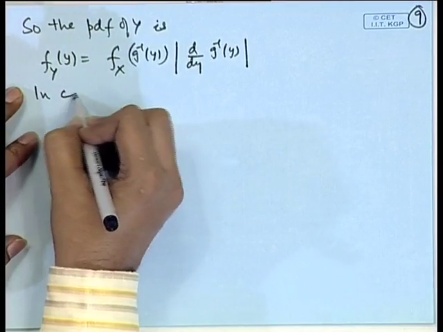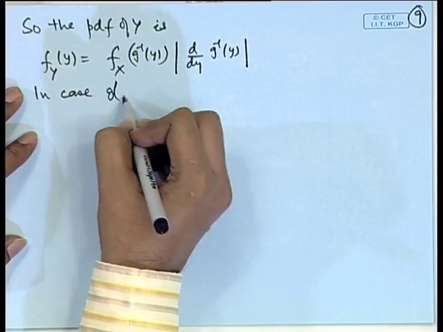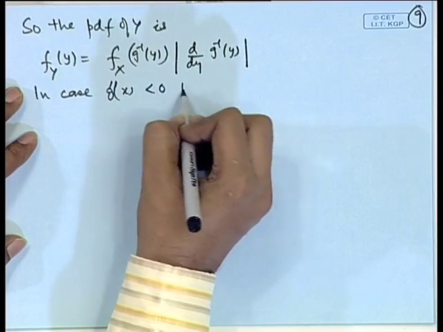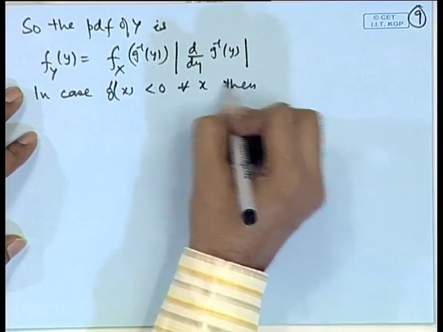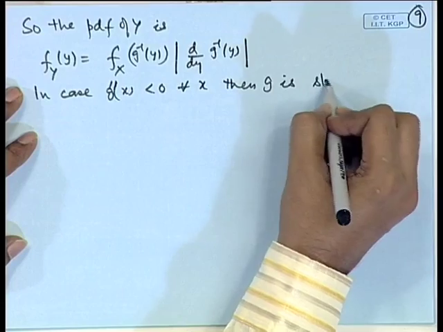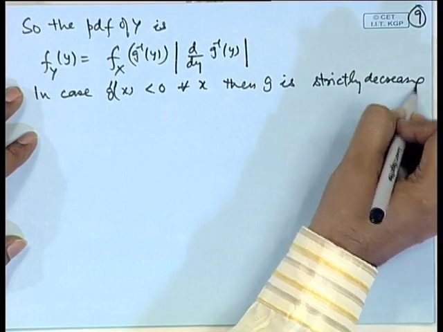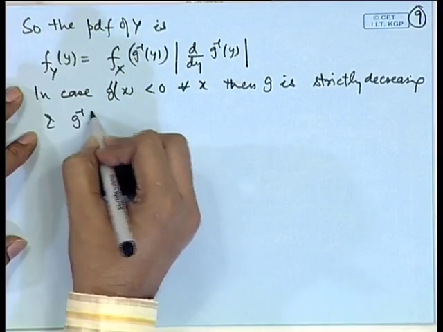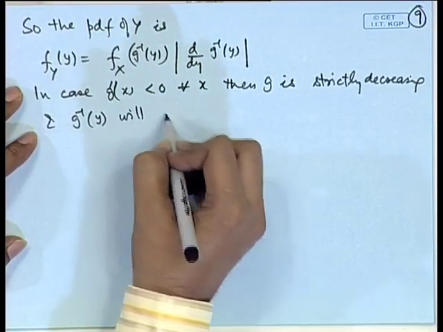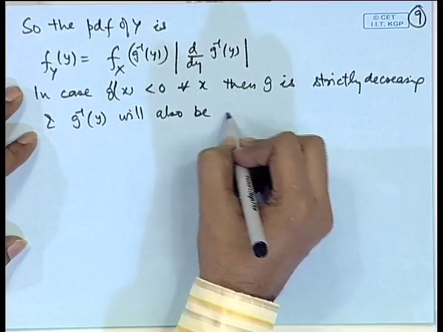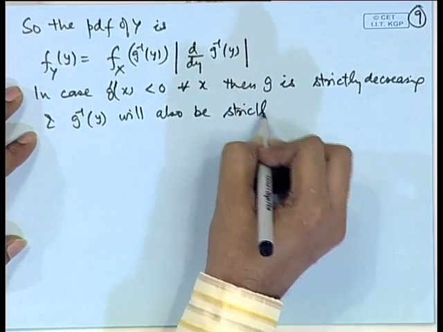Now, in case g'(x) is strictly negative, then g is strictly decreasing and g inverse y will also be a strictly decreasing function.